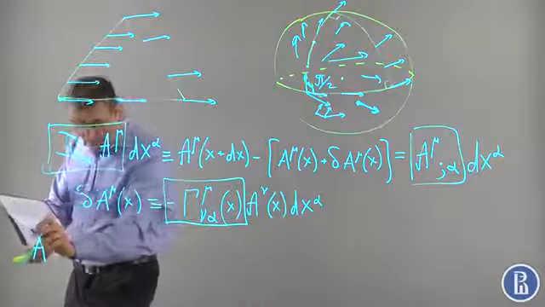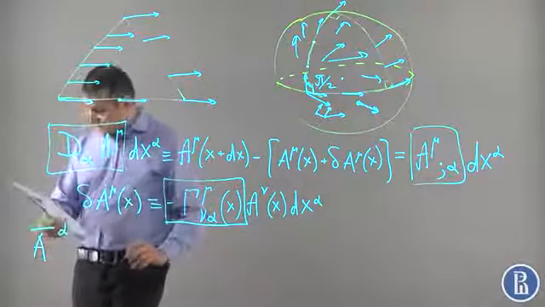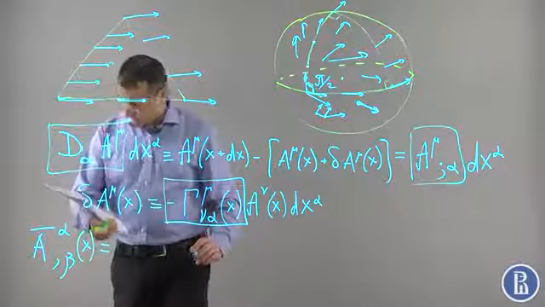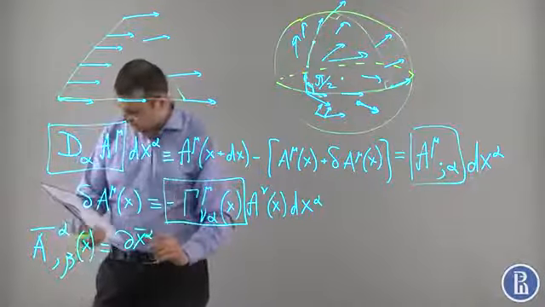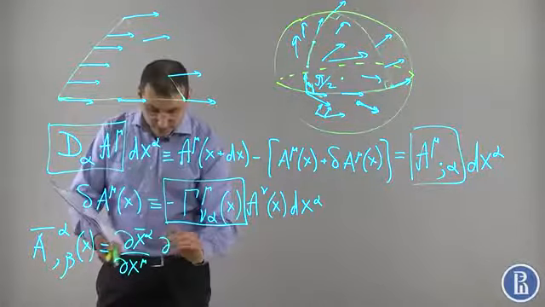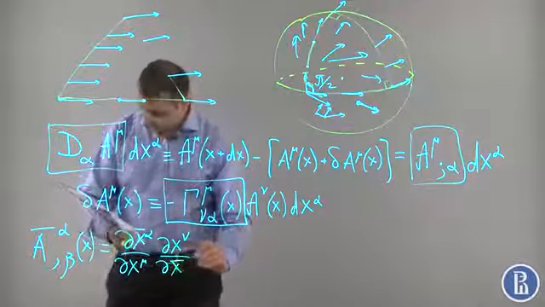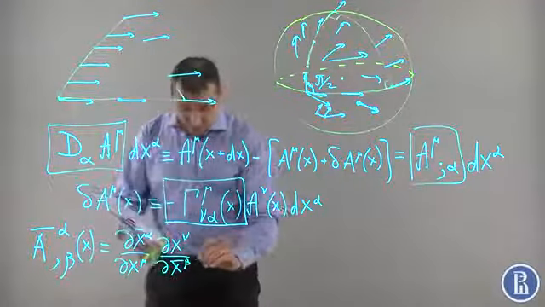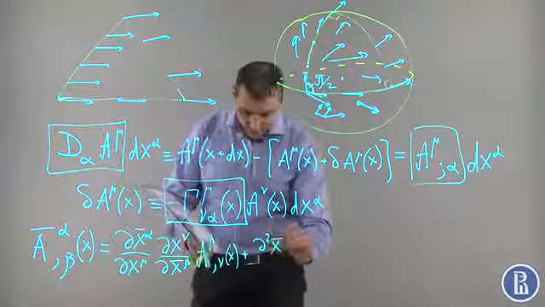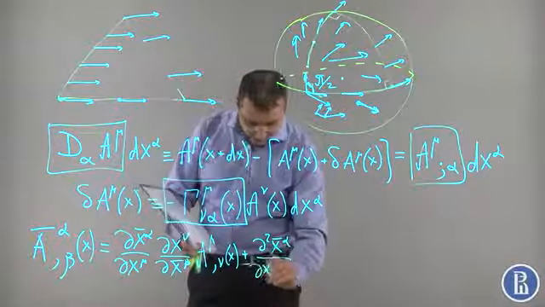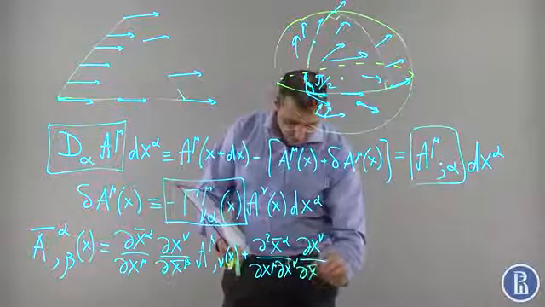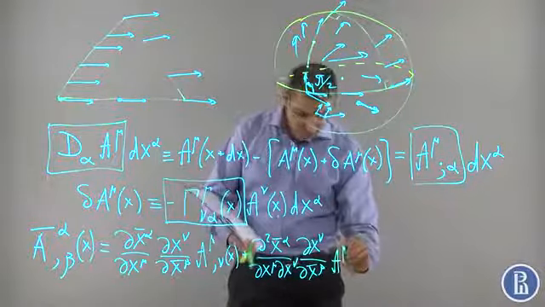I use that formula. Remember that our ordinary differential transforms under coordinate transformations as follows: dx-bar^alpha over dx^mu, dx^nu over dx-bar^beta, times the derivative of A_mu with respect to x^nu, plus the second derivative d2 x-bar^alpha over dx^mu dx^nu, times dx^nu over dx-bar^beta, times A_mu(x).